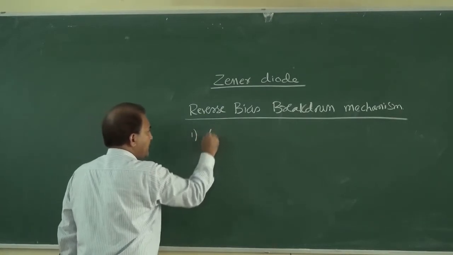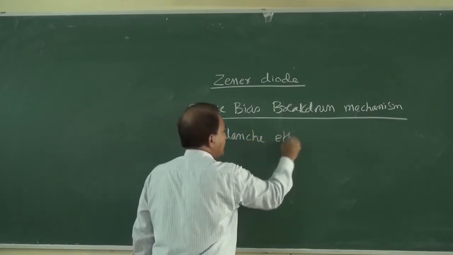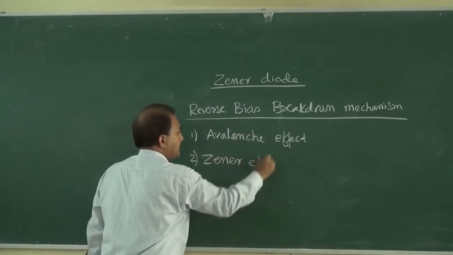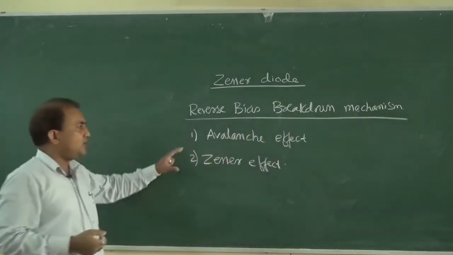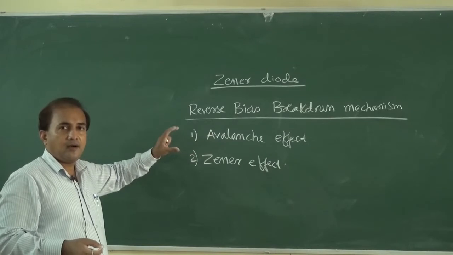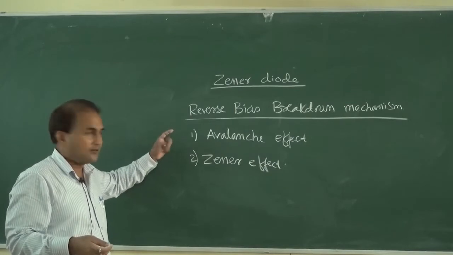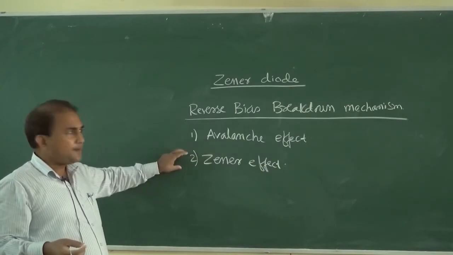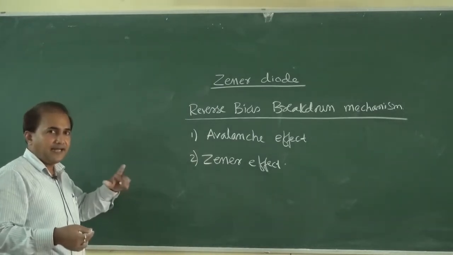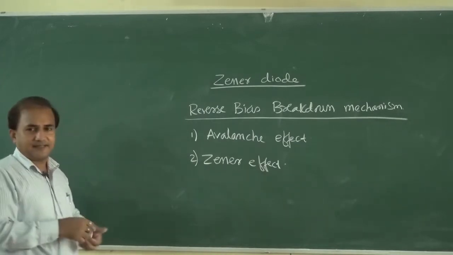The first one is the avalanche effect, and the second is the Zener effect. Breakdown occurs in any normal PN junction diode or Zener diode due to these two effects. After breakdown, a sharp increase in current is observed. First of all, we will study the avalanche effect.